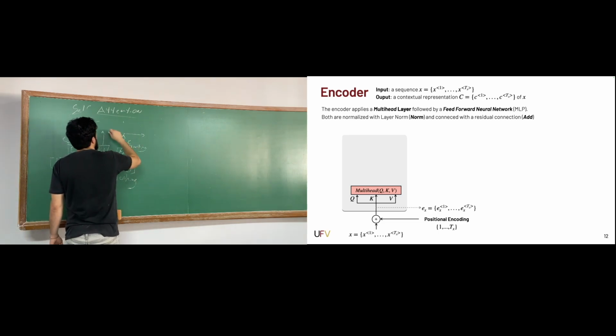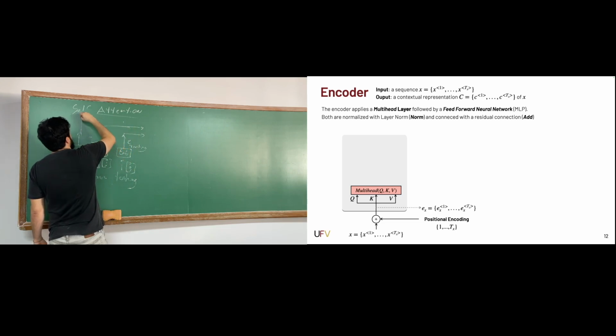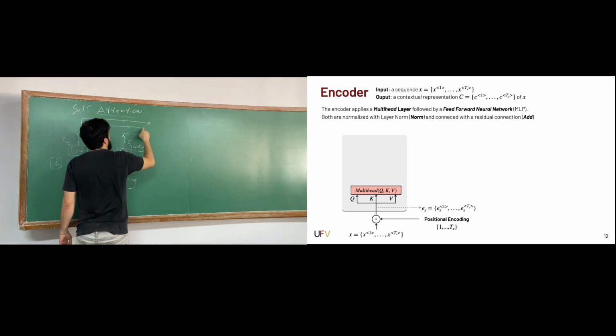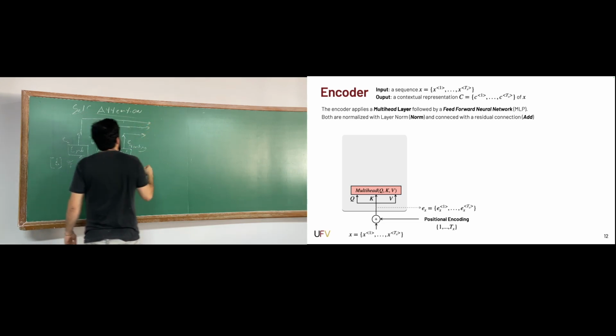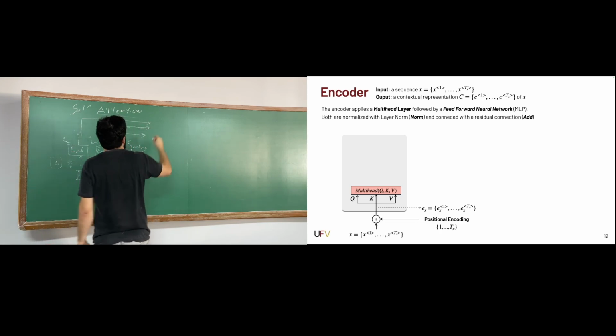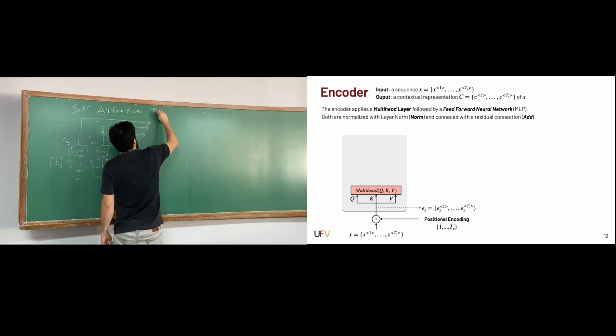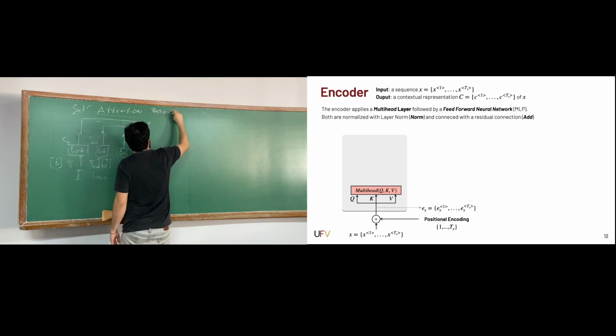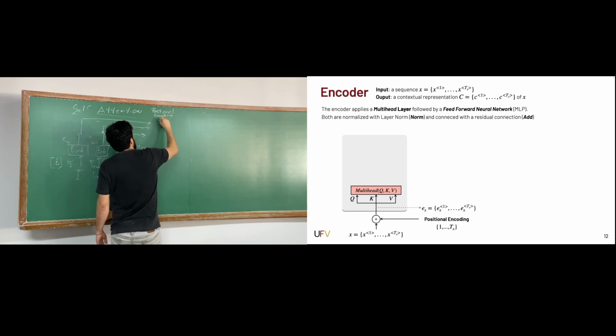So now I'm going to move it to here. Now I have positional encoding here. And this is the part I'm going to leave to the end. But I'm going to sum it with this vector.